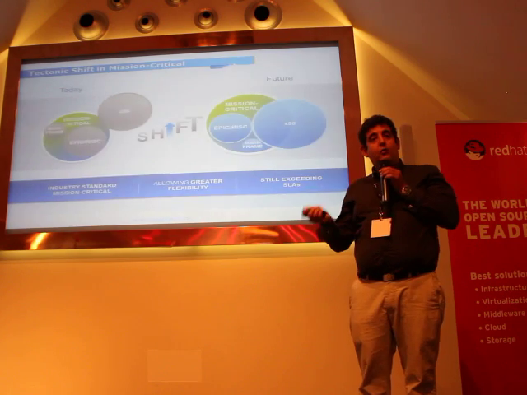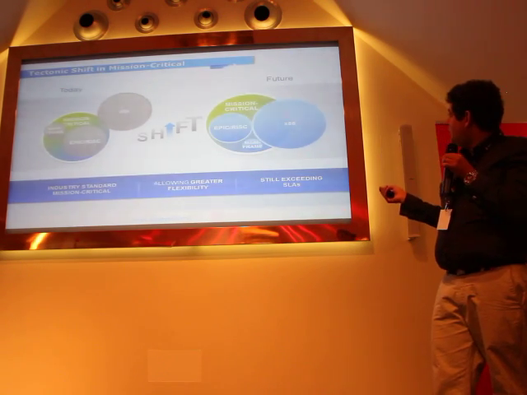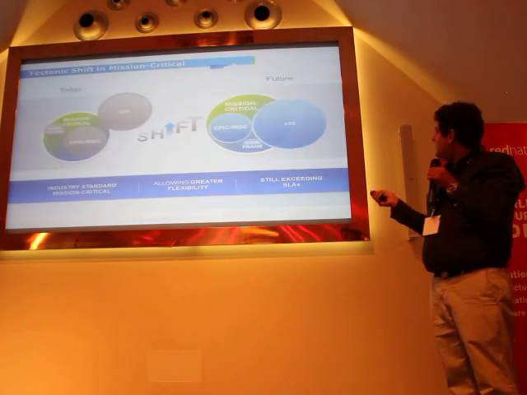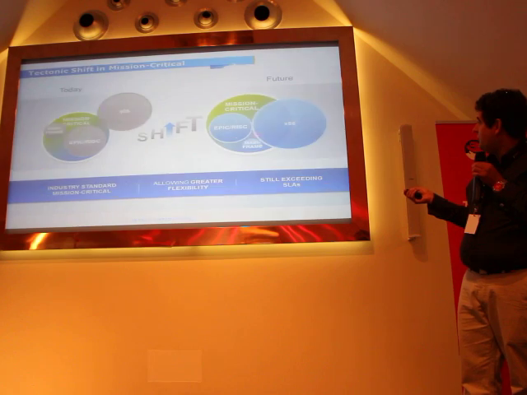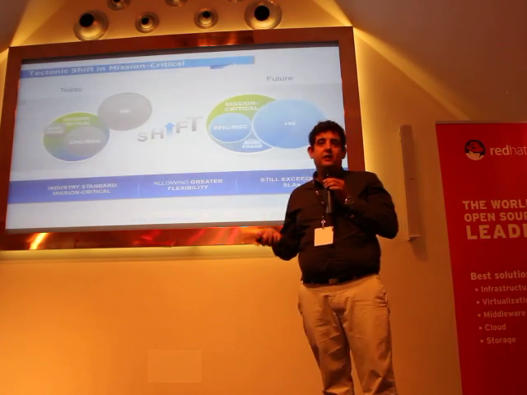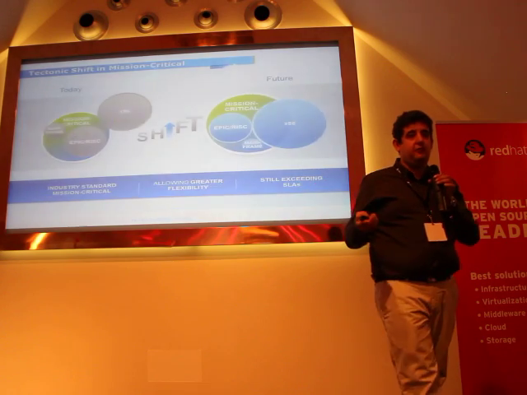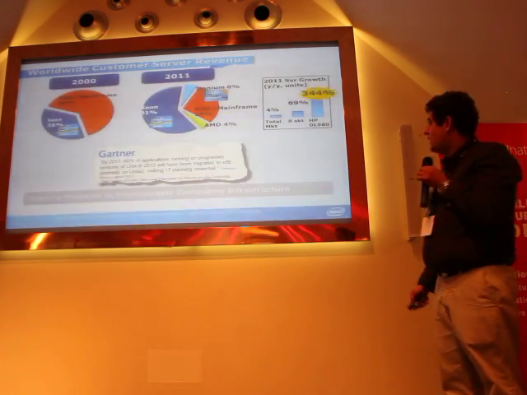Now you see more and more people starting to evaluate x86 for mission criticality. In the future, the mission critical space will still be occupied by some RISC, Itanium and mainframe systems, but more and more x86 will be making its introduction into the mission critical space. Why that's happening, I'm going to address shortly.